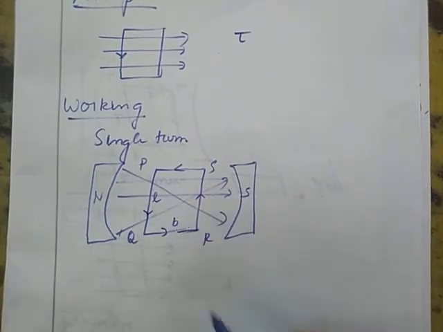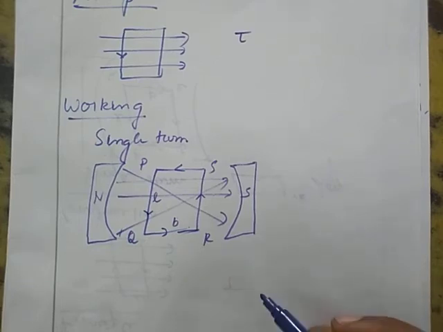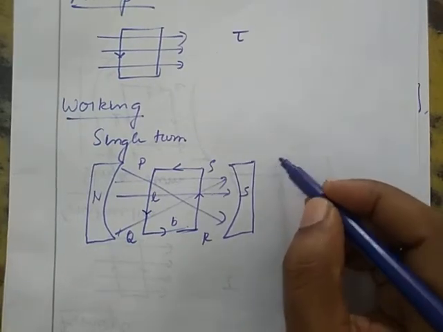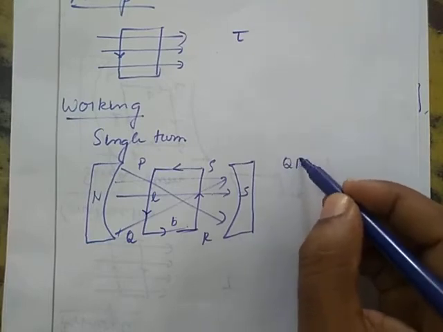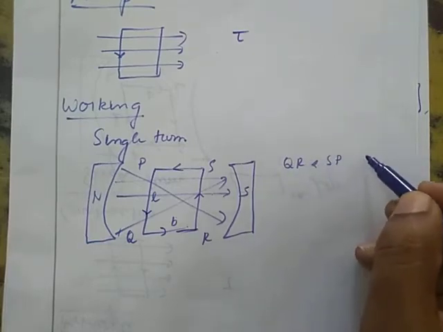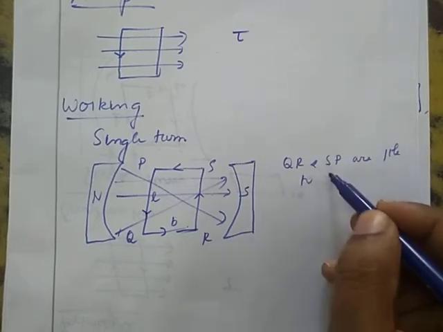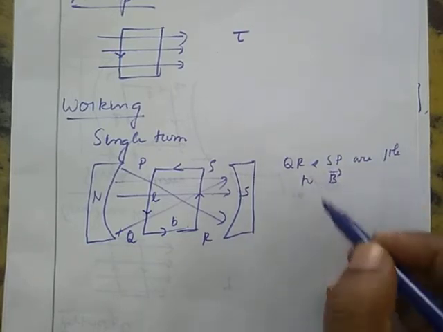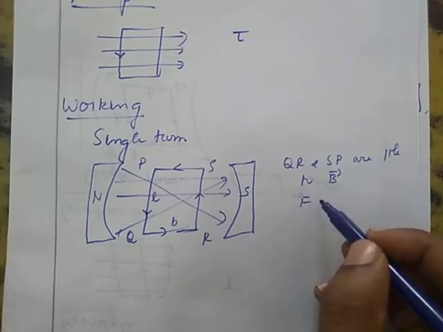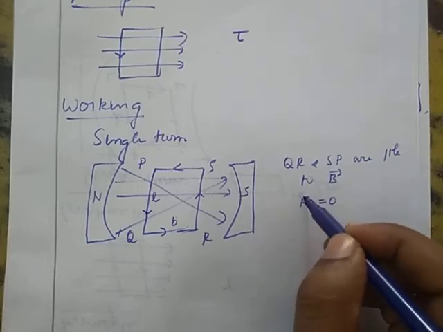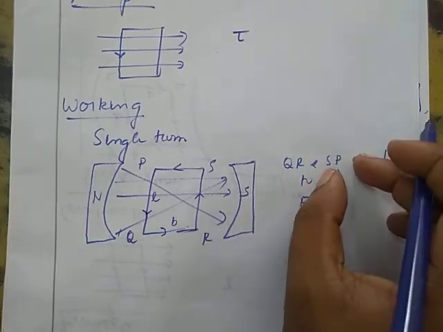In that magnetic field, the sections QR and SP are always parallel to the magnetic field. For that case, it does not experience a force. Then the force due to this element is 0.